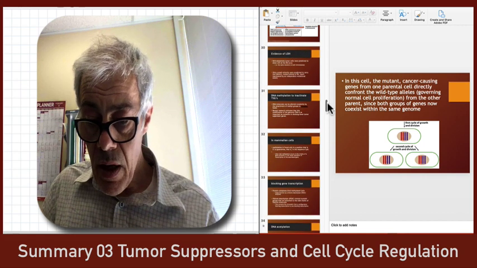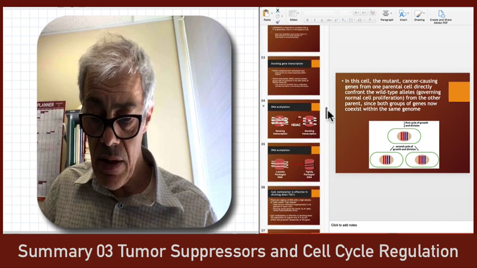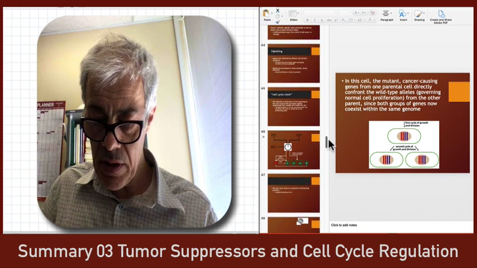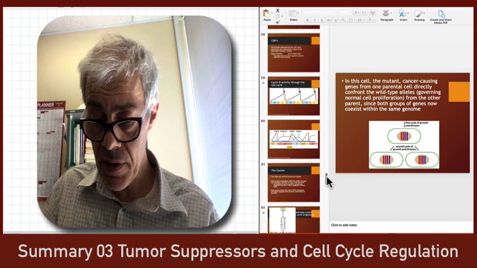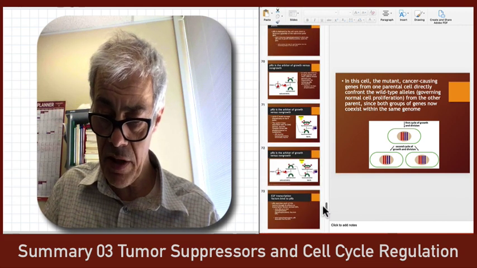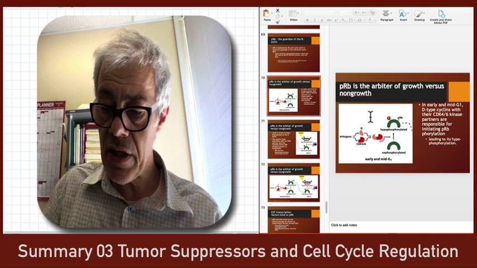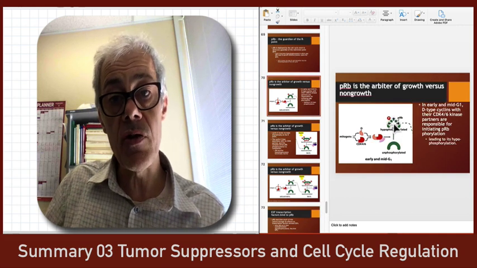So let me skip down here to talk about the function of retinoblastoma first. So we go right to the back here. We've got these slides here where we talk about the function of retinoblastoma.